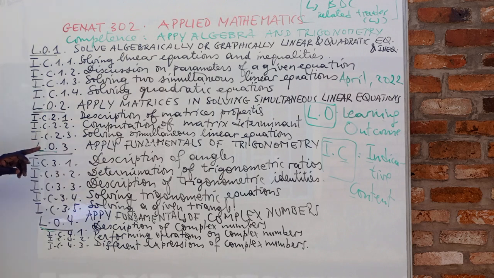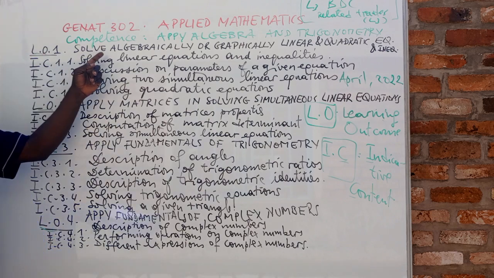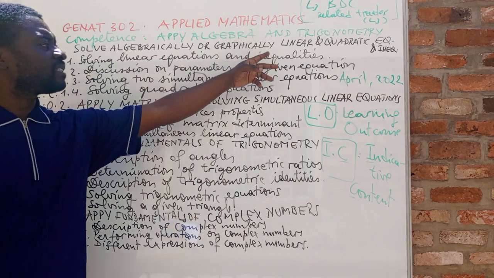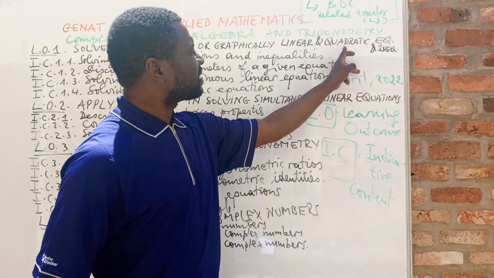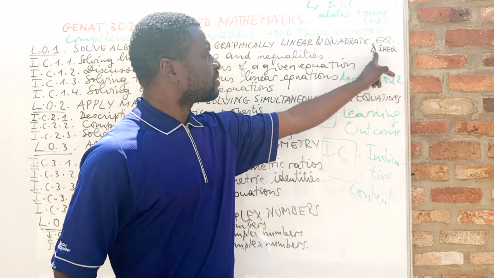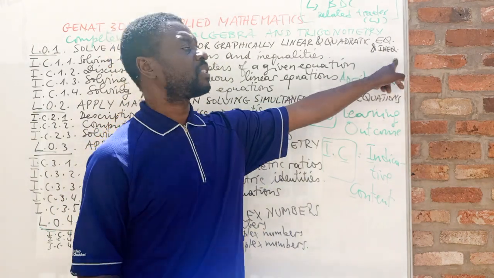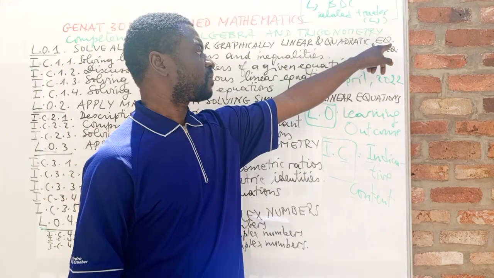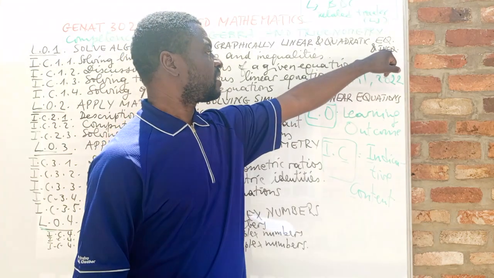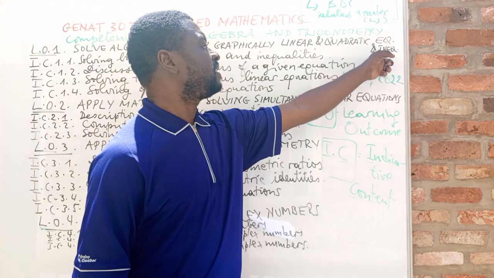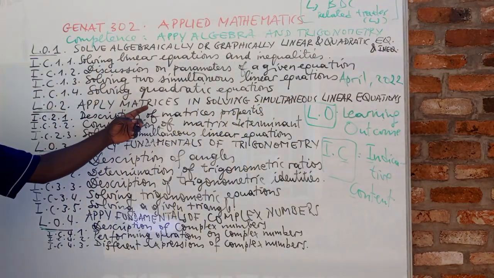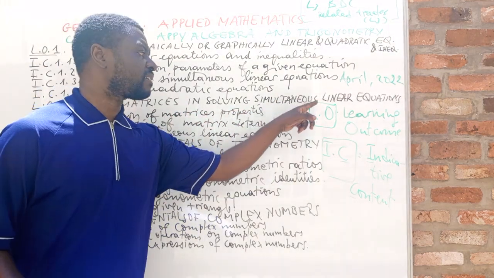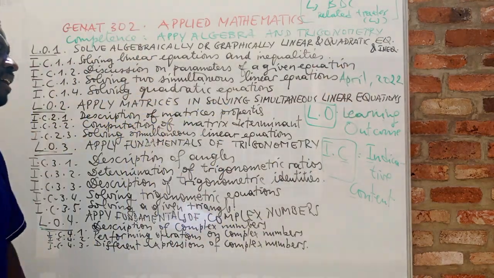We have 4 learning outcomes. The first one is solve algebraically or graphically linear equations and quadratic equations together with the corresponding inequalities. Here EQ is abbreviated for equation, INEQ for inequalities. The second one is apply matrices in solving simultaneous linear equations.